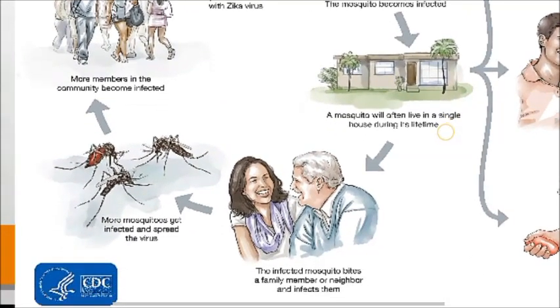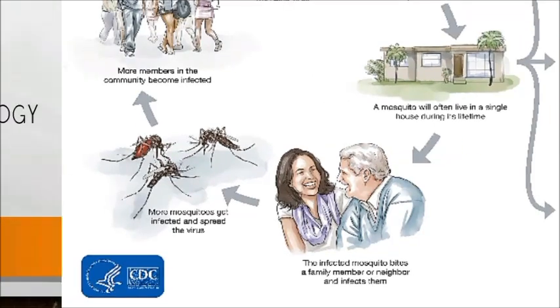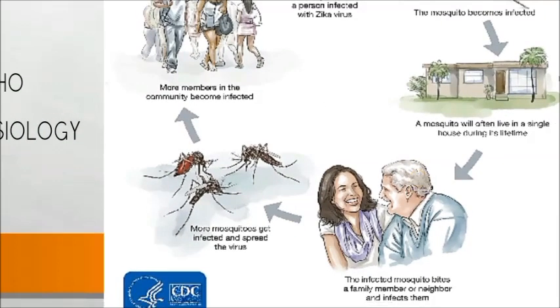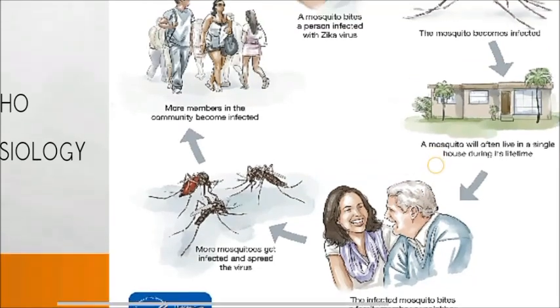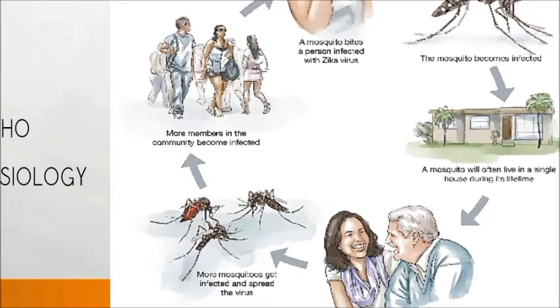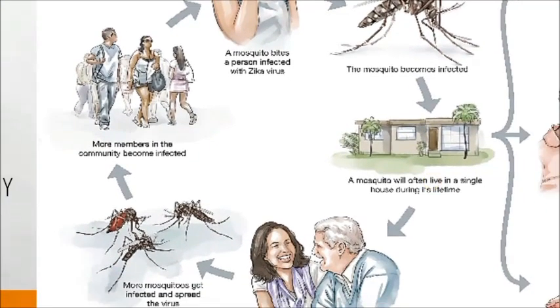And if the family members or neighbors do not have good hygiene or have poor sanitation, they might also be infected by mosquito bites. Then more mosquitoes get infected and spread the virus, and more members in the community become infected. So the cycle will just continue.